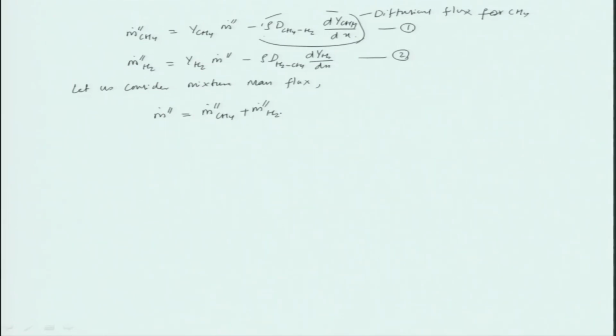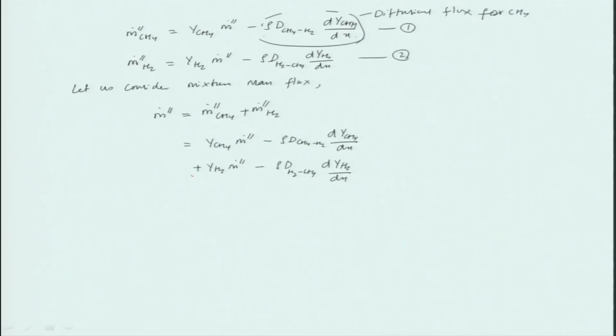What I will do is use equations 1 and 2. So, Y_CH4 m dot minus rho D_CH4-H2 dY_CH4/dx, plus Y_hydrogen m dot minus rho D_H2-CH4 dY_hydrogen/dx.